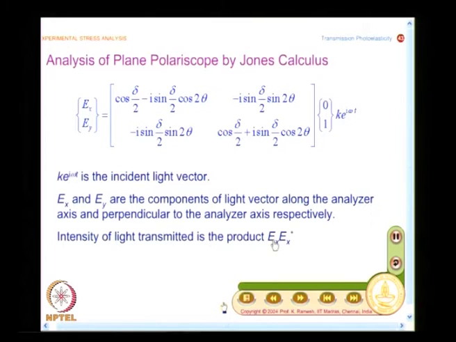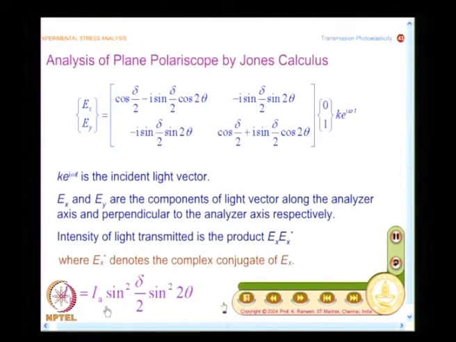And once I know Ex, I can easily find out Ex star, and this matrix multiplication is very simple, and I get the expression for light simply as I a sin square delta by 2 sin square 2 theta, which is same as what you have got by trigonometric resolution, absolutely no change.